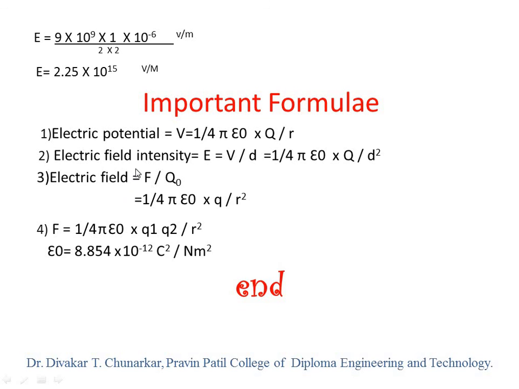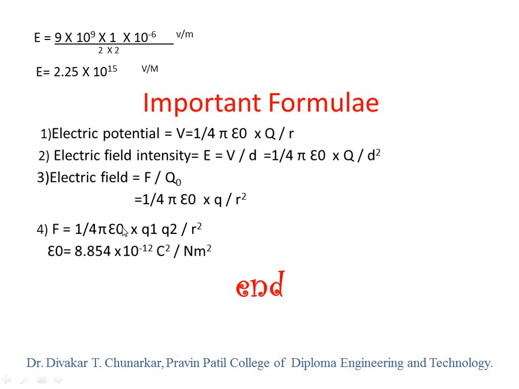Then electric field equal to F upon Q0, that is equal to 1 upon 4 pi epsilon 0 into Q upon R square. Then F equal to 1 upon 4 pi epsilon 0 into Q1 Q2 upon R square.